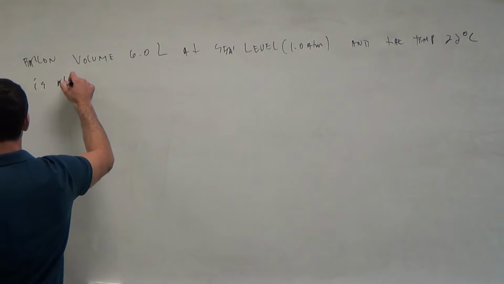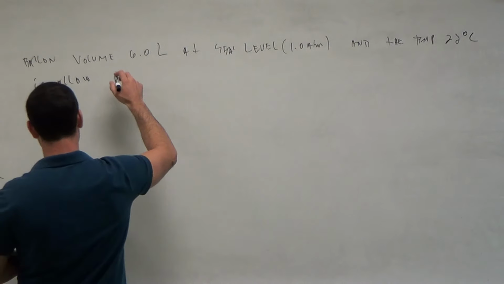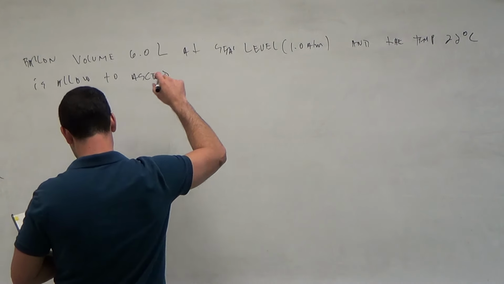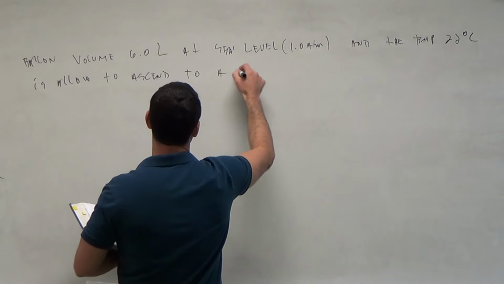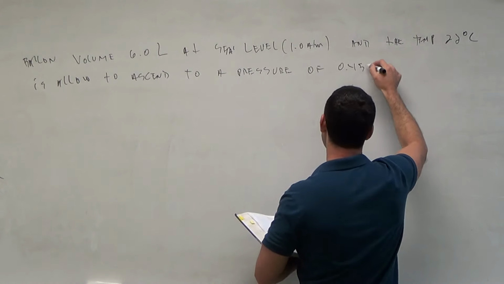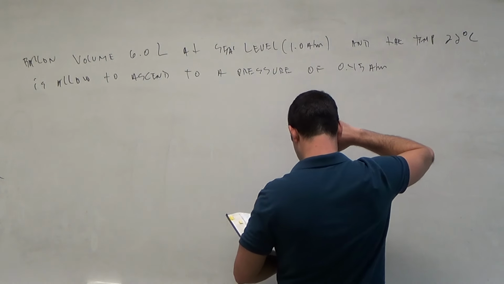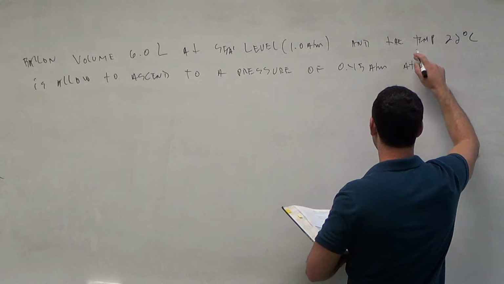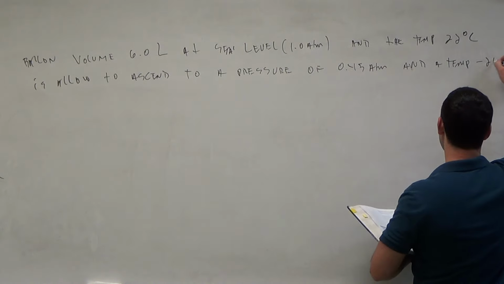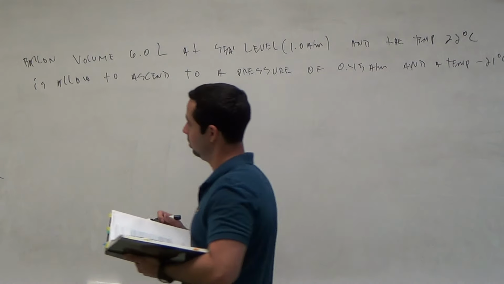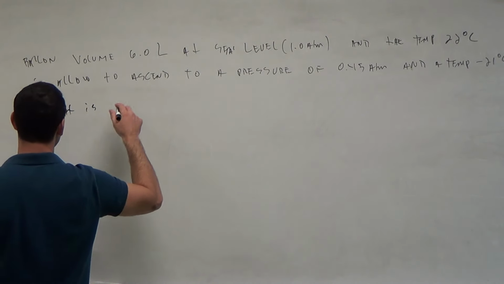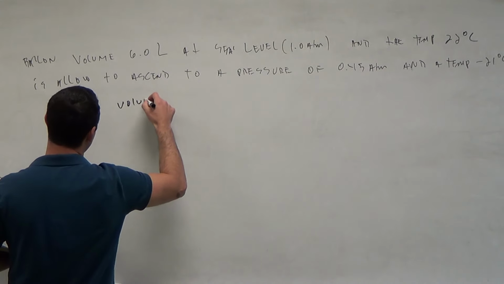It is allowed to go up into the sky, fancy word, ascend, to a pressure of 0.45 ATMs and a temperature of minus 21 degrees Celsius. Damn, that's cold. That's in Canada, right? It went all the way to Canada. What is the volume of the balloon?